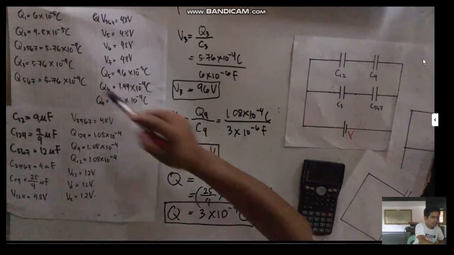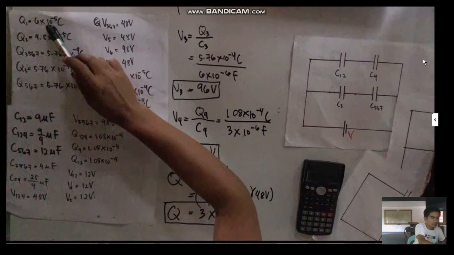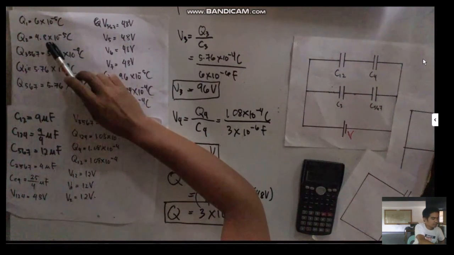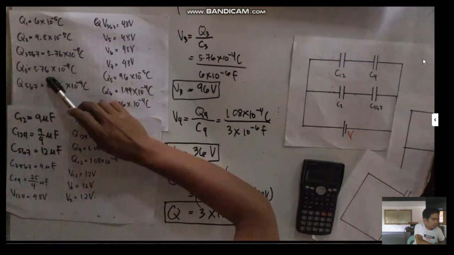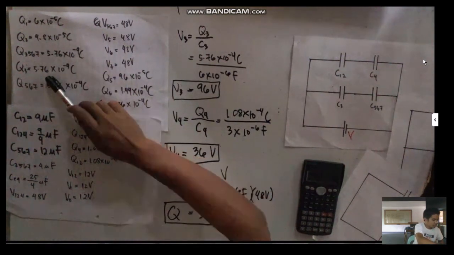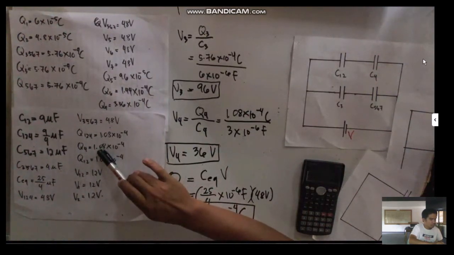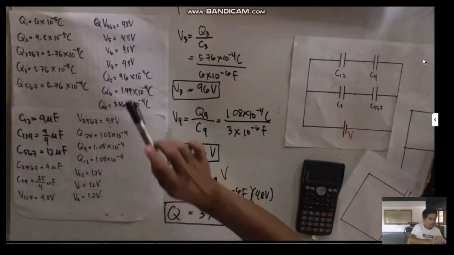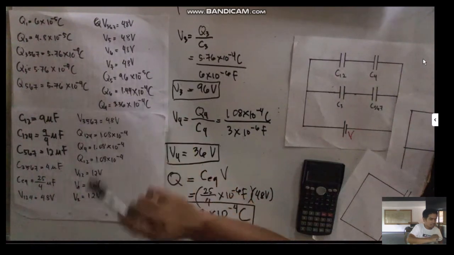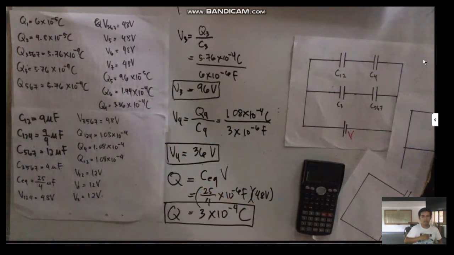We have Q1, Q2, then Q3. Next is Q4, we have Q4. Next is Q5, we have Q5. We have Q6 and then we have Q7. And the total charge, 3 times 10 to negative 4.